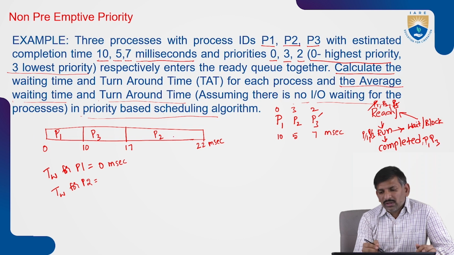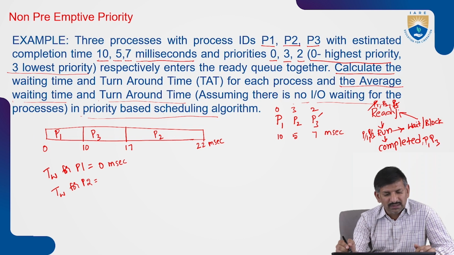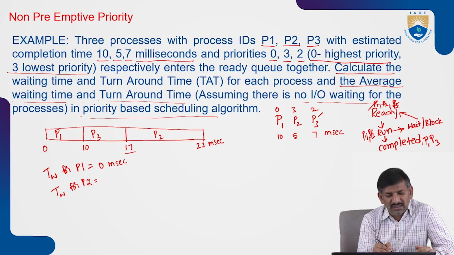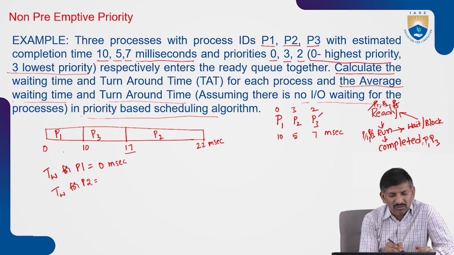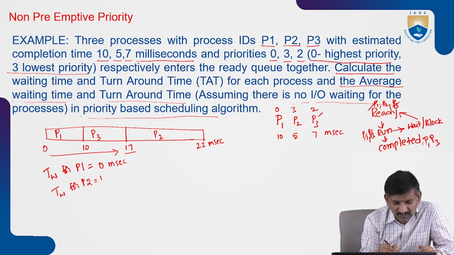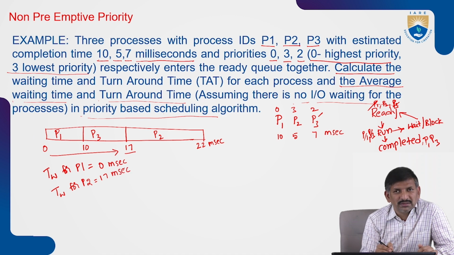P2 enters the ready state at time 0 and is scheduled for execution at the 17th millisecond. From 0 to 17 milliseconds it is waiting in the ready state to get the CPU, so 17 milliseconds.